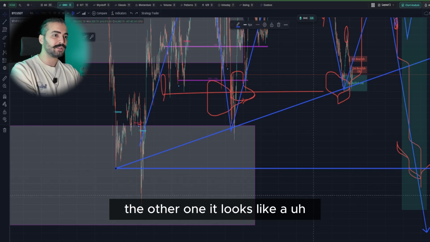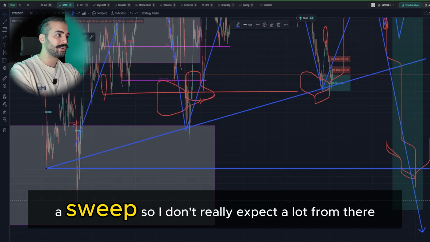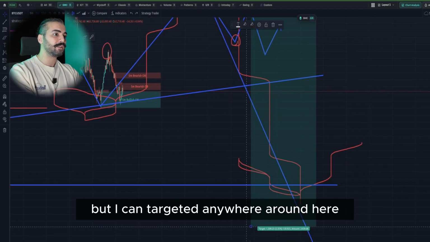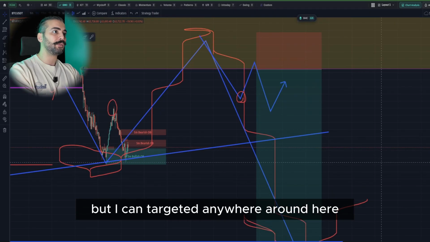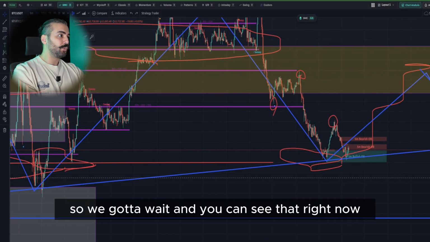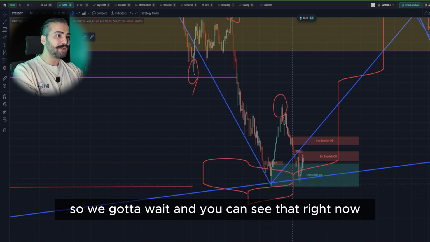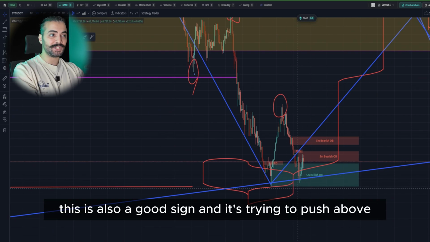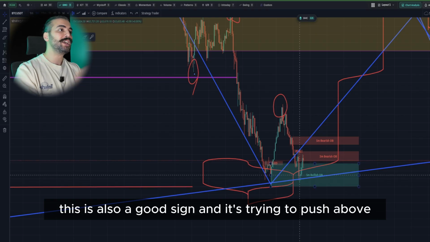The other one looks like a sweep, so I don't really expect a lot from there, but I can target it anywhere around here. So it's going to give us a good order. We have to wait, and you can see that right now it cannot make any lower lows. This is also a good sign, and it's trying to push above.